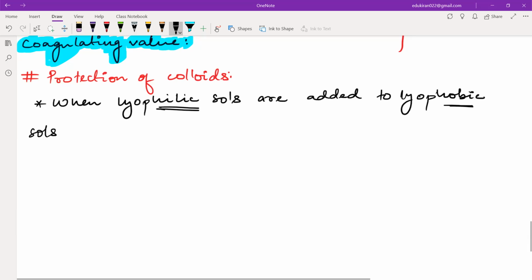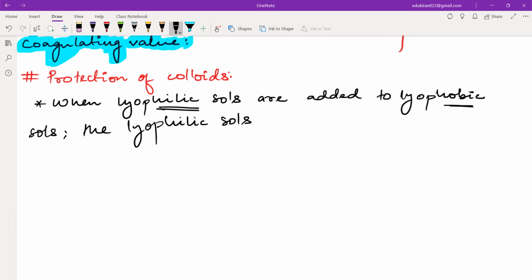So when lyophilic salts are added to lyophobic salts, what do they do?